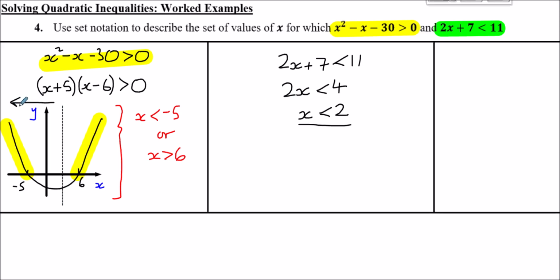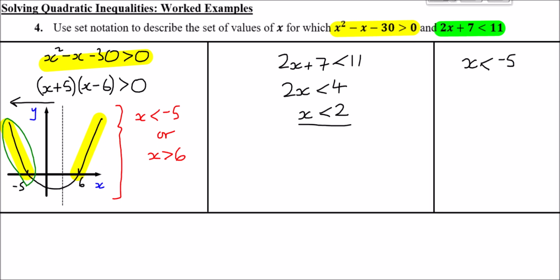The only bits of this solution which would also satisfy x being less than 2 is this region here. This region doesn't count because this is where x is greater than 2, and so the solution we're after is that x must be less than minus 5, this bit here.